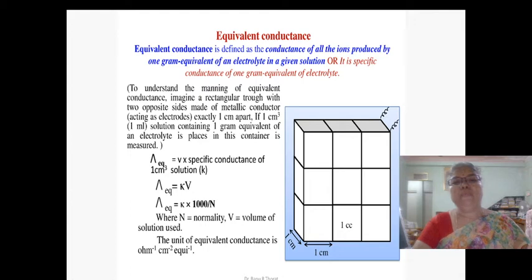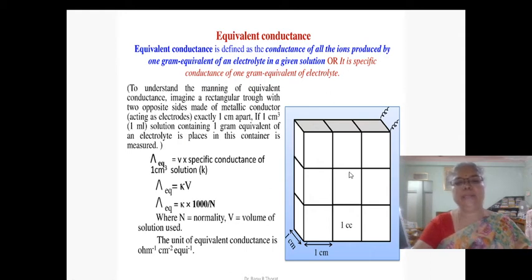If we add 1 gram equivalent of electrolyte in the 1 cc solution and again measure its conductance, this becomes the equivalent conductance according to its definition, as equivalent conductance is the conductance of all ions produced by 1 gram equivalent of electrolyte in a given solution.